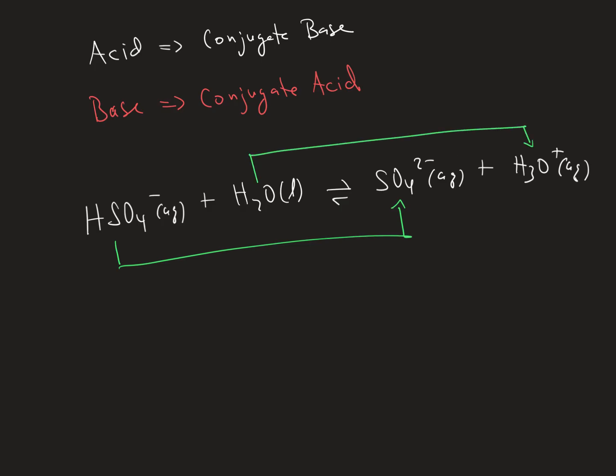Oh, it's most like H3O plus. So which one donates the H plus? HSO4 minus. This is our base. Sorry, this is our acid. And it turns into a conjugate base. And this can't be an acid because there's no H plus in it.